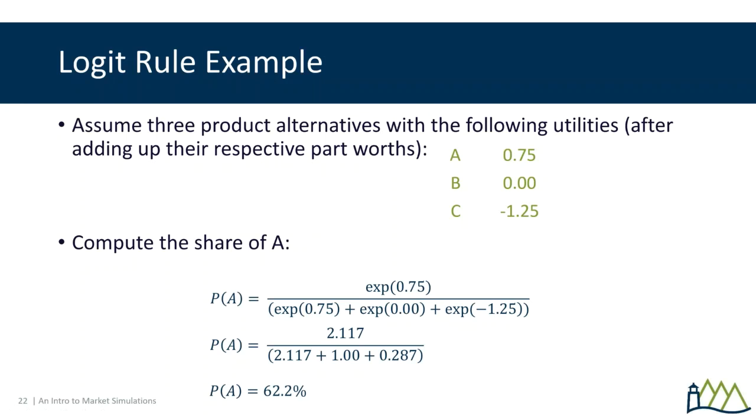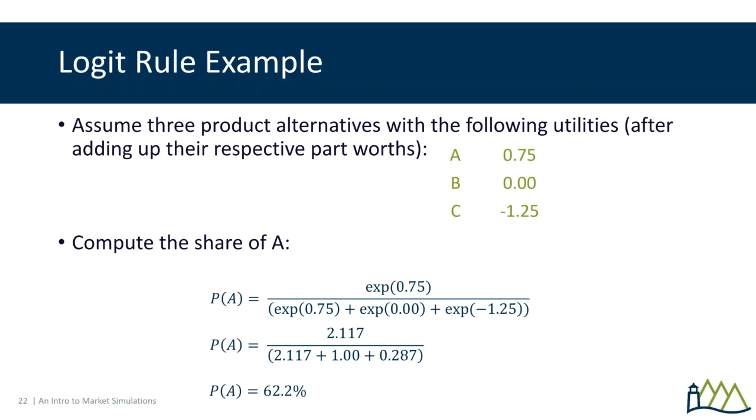If we look at these three products, A, B, and C, A has a total utility, so we looked at all of the attributes that comprise A and summed up the utility for each of those levels. So the product A utility is the sum of all the attribute utilities, all the levels that went into that product. B has a utility of 0, and C has a utility of negative 1.25.